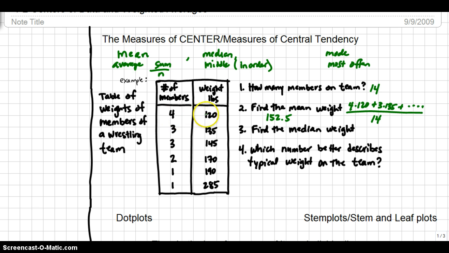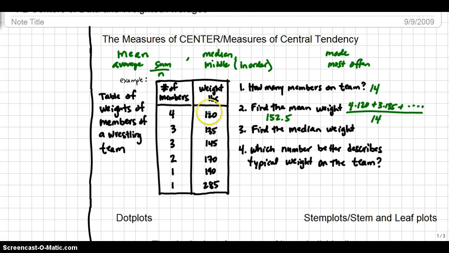To find the median weight, we'd find the person that's in the middle. Since the numbers are pretty much in order already, we would simply want to find the middle of 14 things. When you have an even number of items and you're trying to find the middle, you simply divide by 2. 14 divided by 2 is 7, but because there's an even number, the 7th and the 8th members of the team would be considered the median. So we are going to count to the 7th and 8th numbers.